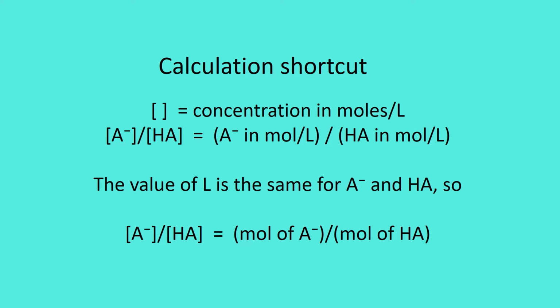In our buffer, the A- and HA are combined. They're in the same container, and thus the value for liters in the denominator is the same for both the weak acid and the weak base. That means we can use the ratio of the moles in place of the ratio of the concentrations. That will be useful because it means we don't have to worry about the final volume of the solution.